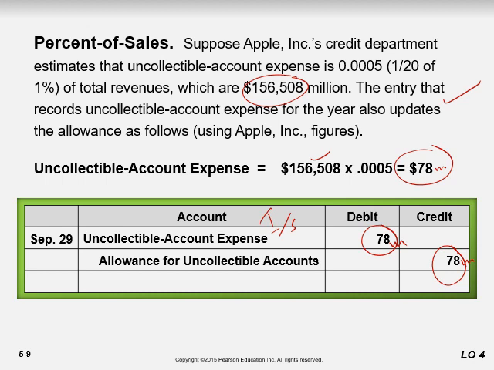But this is a suspicion, so that's why we create an allowance. My suspicion is an expense going to the income statement, and the allowance goes to the balance sheet, right? The question may occur: what if this does not happen? Then we make an opposite entry to show that our forecast was wrong. We will deal with that later. Let's move further.